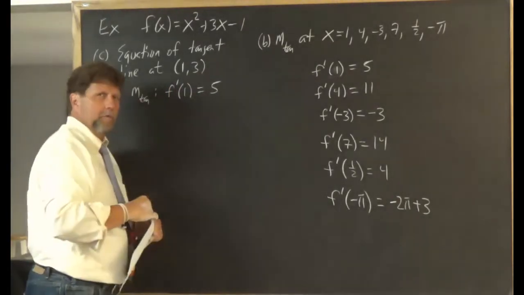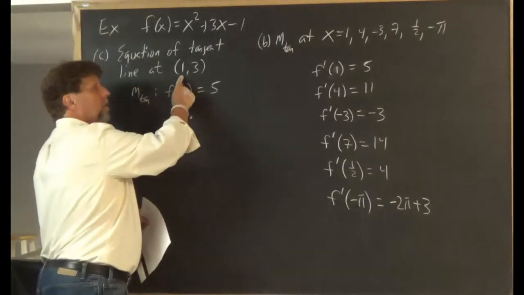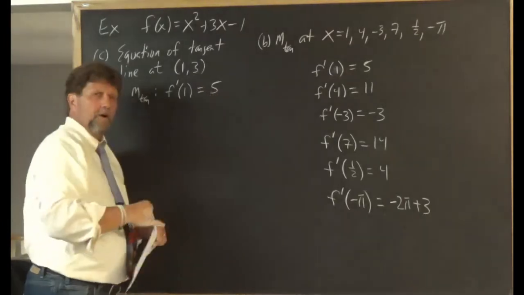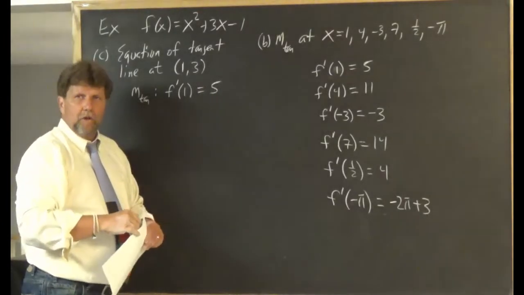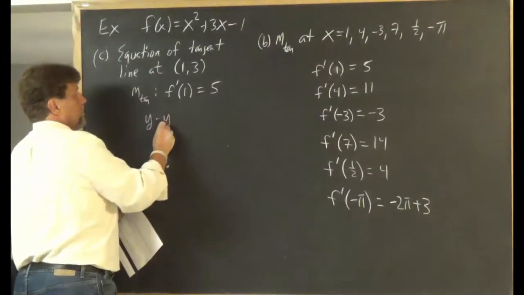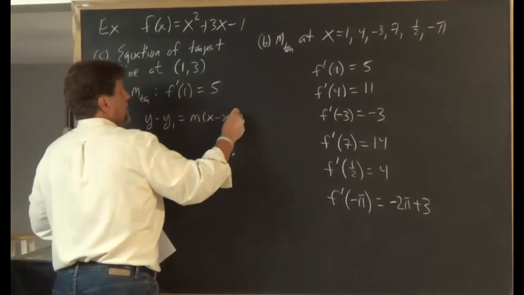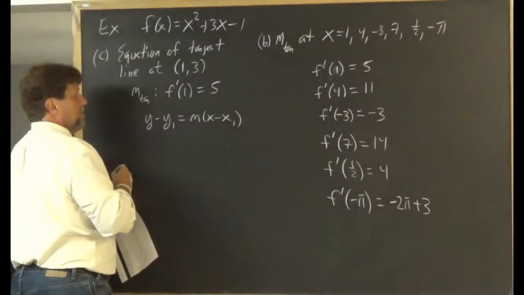I know the slope. To get an equation of the tangent line, if I know a point and the slope, I'm going to use point-slope form of a line. Point-slope form is y minus y sub 1 equals m times x minus x sub 1.